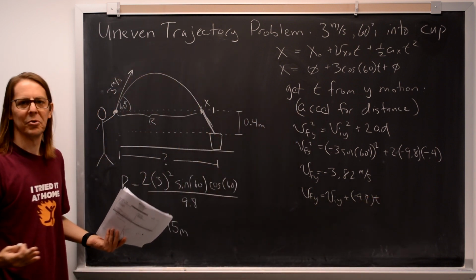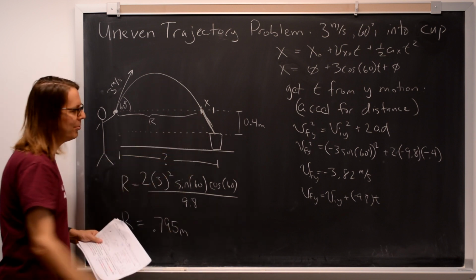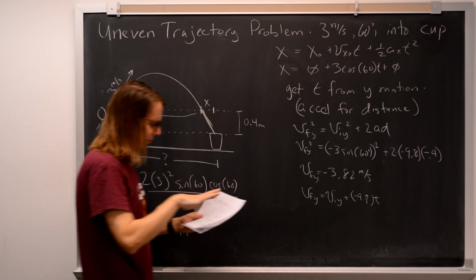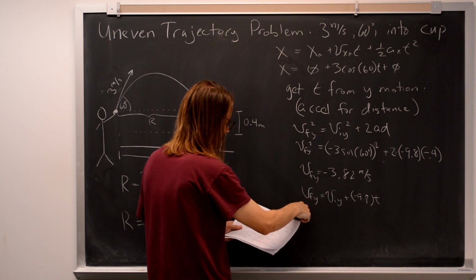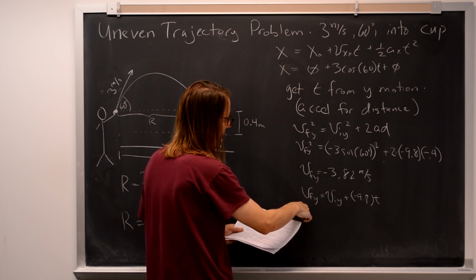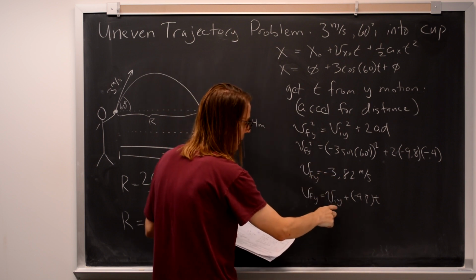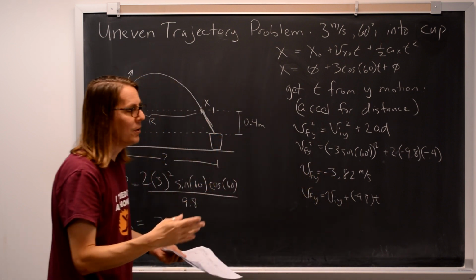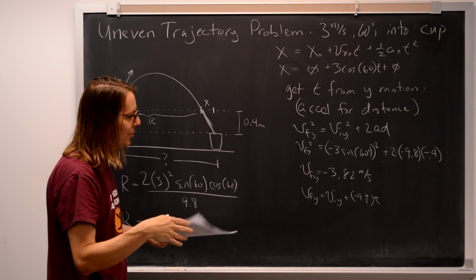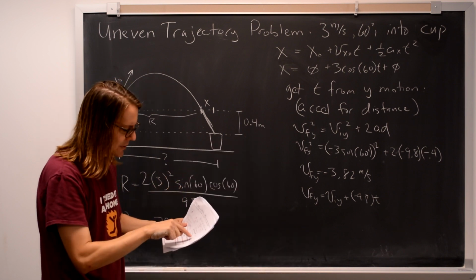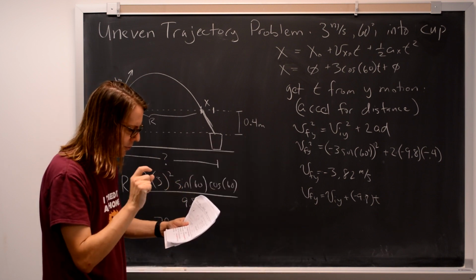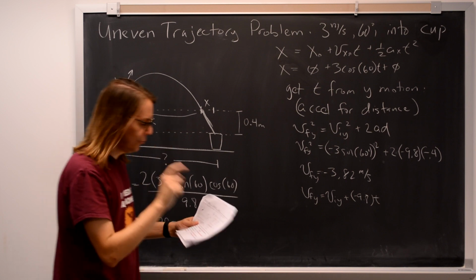Then we know how long this little drop took. So I'll stop writing all the numbers here. This is negative 3.82. This, if you get the number, is negative 2.6. So 3.82 minus 2.6 divided by minus 9.8, all the signs work out, and the time for this little chunk of the drop is 0.125 seconds.